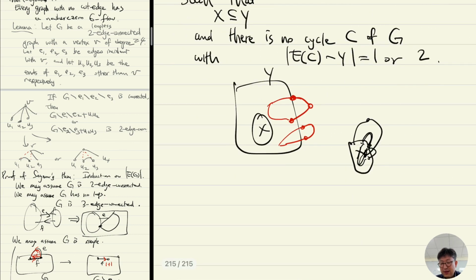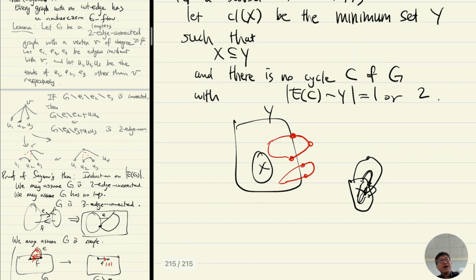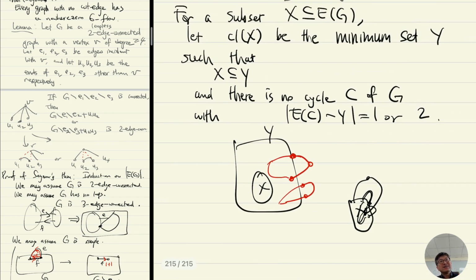You continue doing it. Eventually, you end up with a set Y where there's no further cycle having only one or two edges outside. That set is the closure. Let us write it as cl(X).